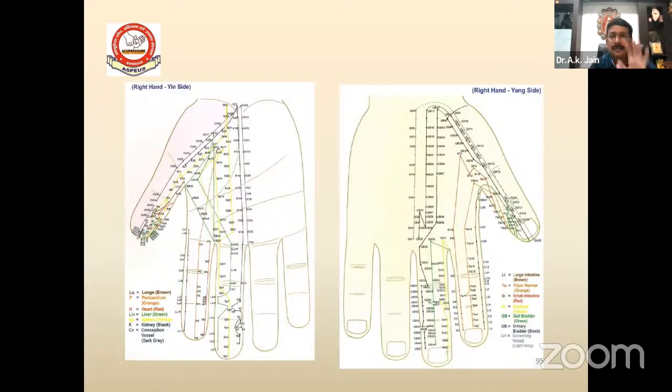Palmar region is the yin side and dorsal region is yang side, right? 3 yin channel, 3 yang channel in the upper extremities hand. The same thing, 3 yin and 3 yang in the lower extremities.